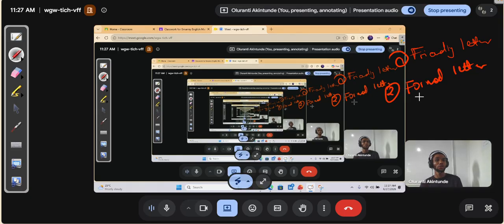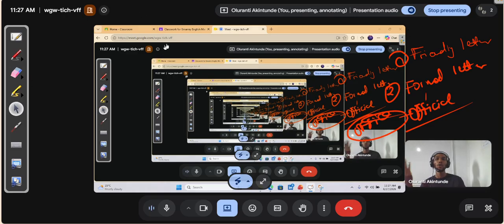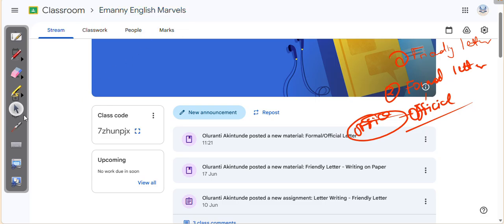The formal letter is also called the official letter. Official is from the word office, which means official letters can be written to offices. For example, letter of employment, right? Take me for instance.